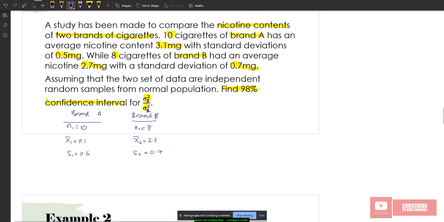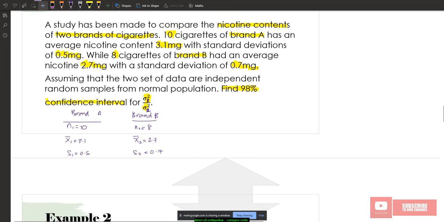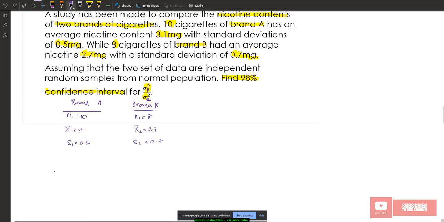And then we want to find the 98% confidence interval. So for 98%, we draw the shape of the F distribution. So we want to find 98%.